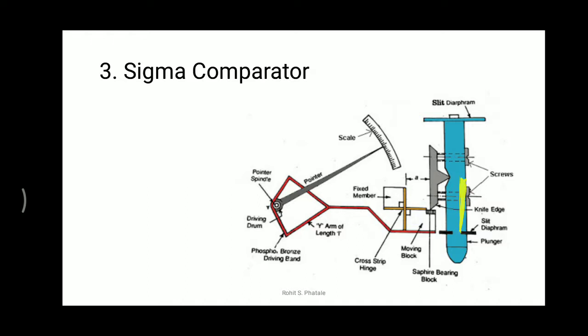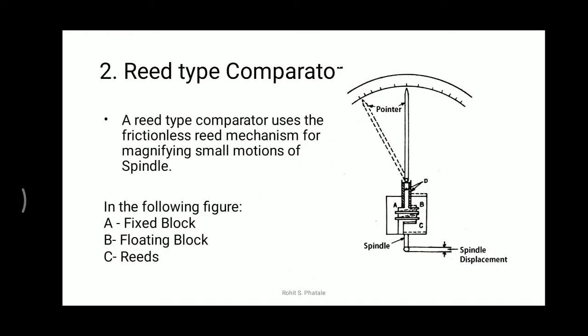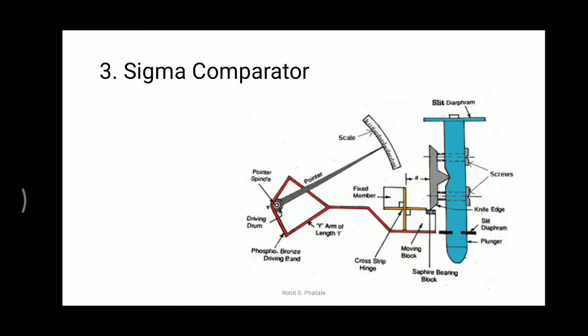As the plunger moves up and down, the knife edge also moves up and down. Here is the distance small a, from the knife edge up to the cross strip hinge. As this knife edge pushes this sapphire bearing block down, what will happen?